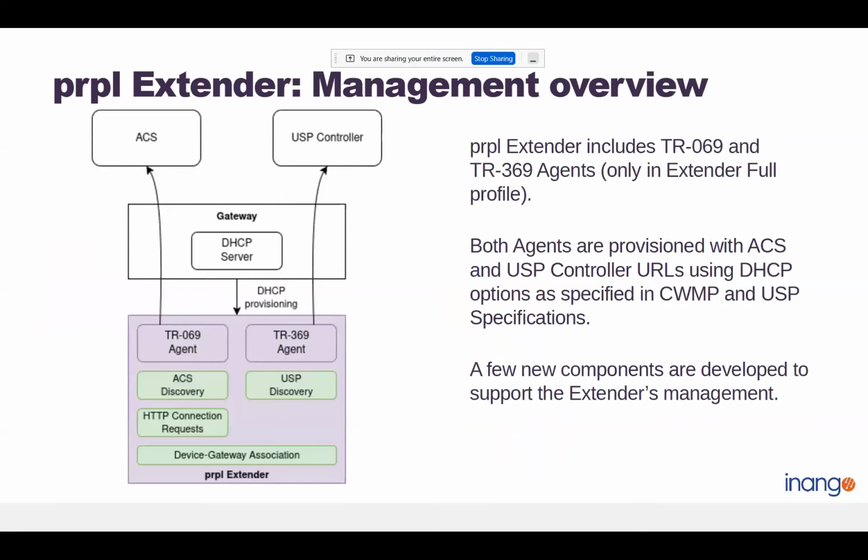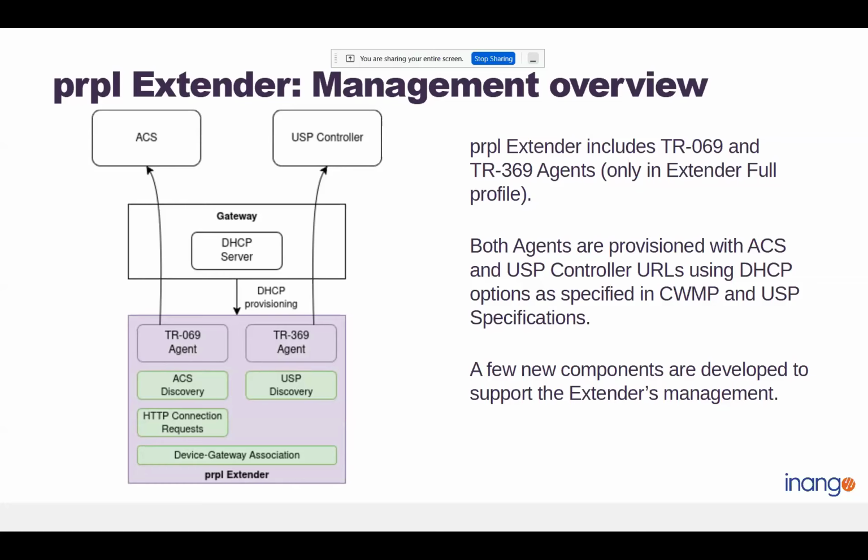Okay, extender management overview. In full extender profile, TR69 and USB agents are both included. Both agents have no pre-configured URLs to connect to ACS and to USB controller.